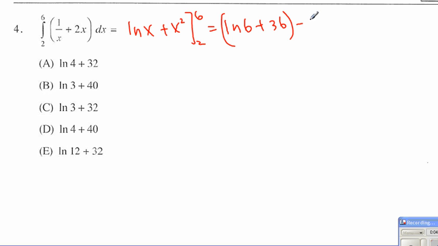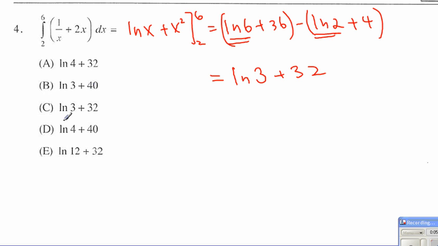So the whole thing will be subtracted by ln of 2 plus 4 from plugging in 2. Now, since between two ln's, meaning natural logarithm, the subtraction sign simply means division, we end up getting ln of 3, because 6 divided by 2. Now, plus 36 minus 4 becomes 32. Therefore, our answer becomes choice C.